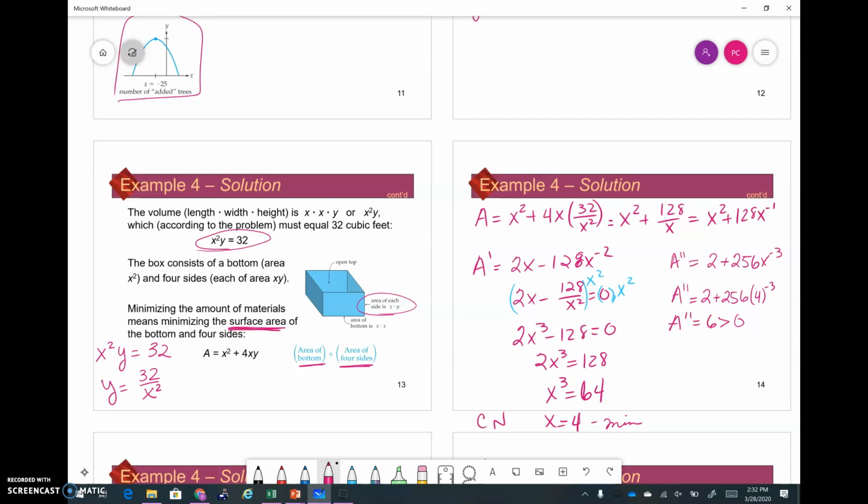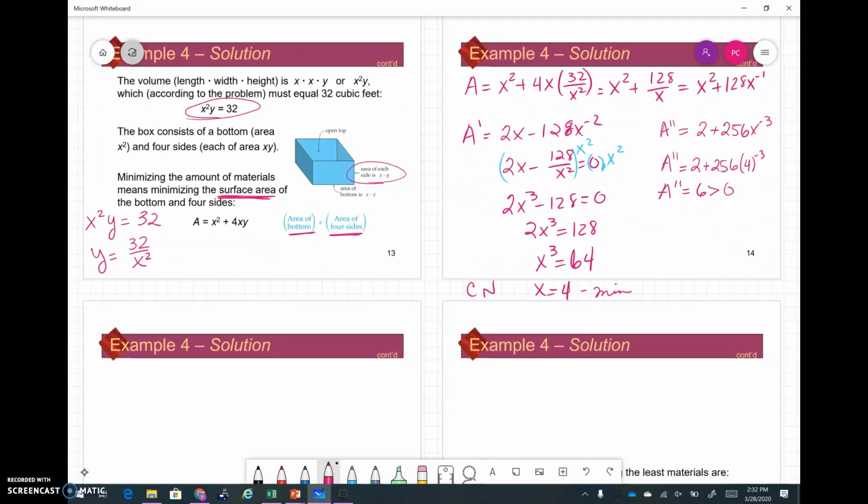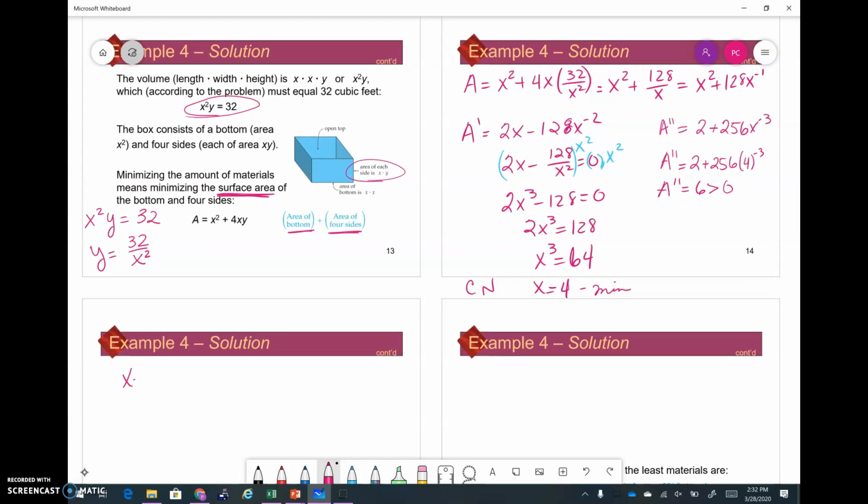Okay? Now, we were asked for the dimensions. So now we need to go back and find the dimensions of the box. We know that x is equal to 4. So with x equal to 4, we know that 4 squared times y has to equal 32, and y would be 2.